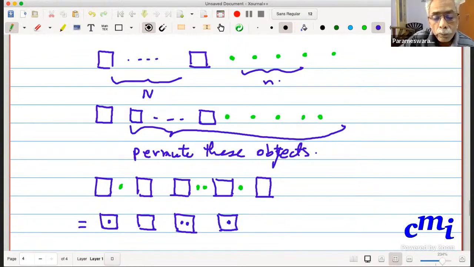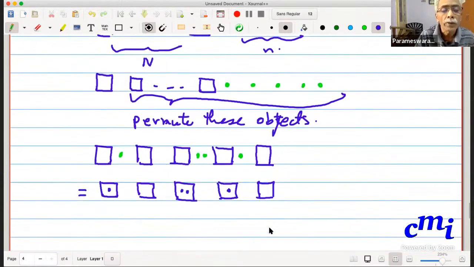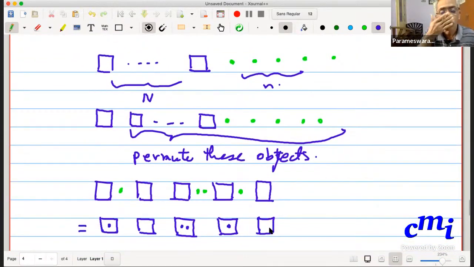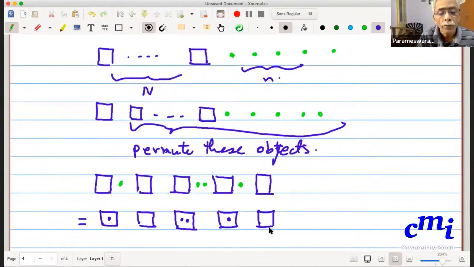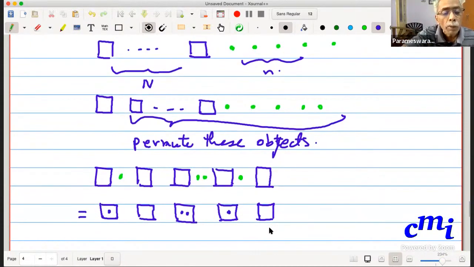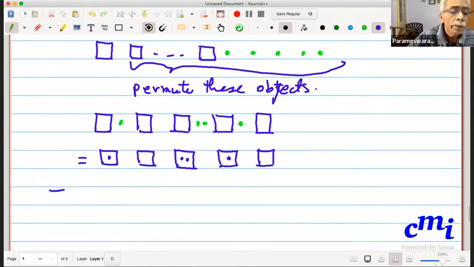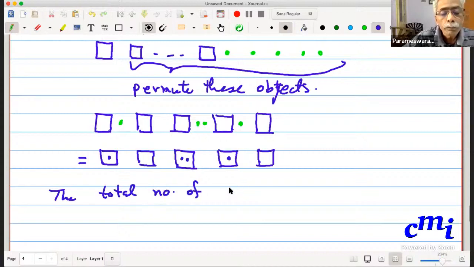You understood? So this occupancy gives me a permutation of this, and conversely, any given occupancy pattern, I can move the particles to the right and get a pattern like this, which corresponds to exactly a permutation of this. So therefore, the total number of occupancy patterns.